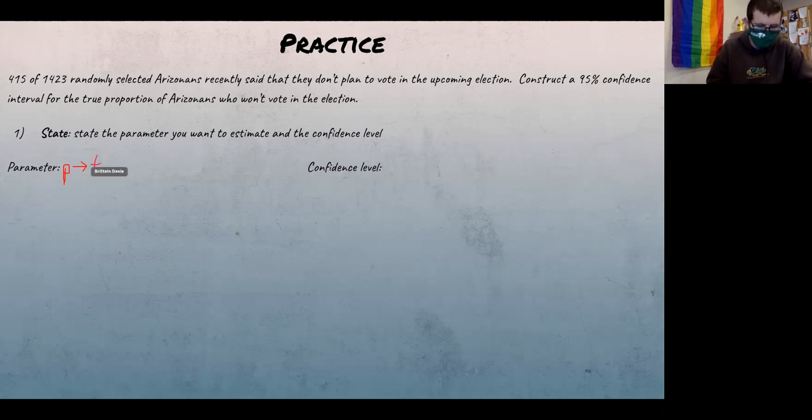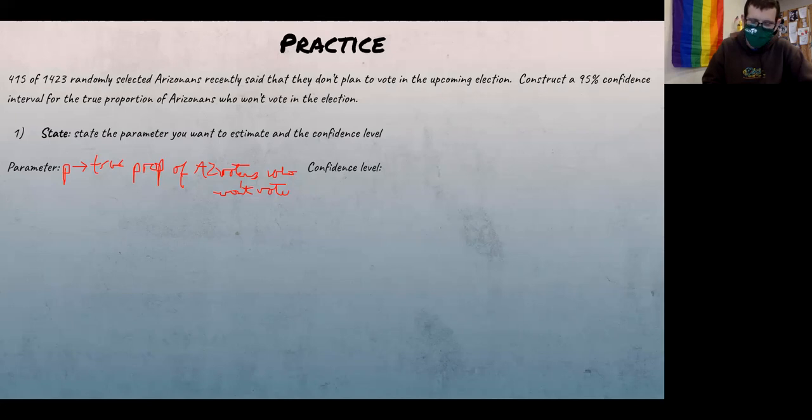And this is the true proportion of Arizona voters who won't vote. And we could make it even more clear, won't vote in the upcoming election, but we have the idea.